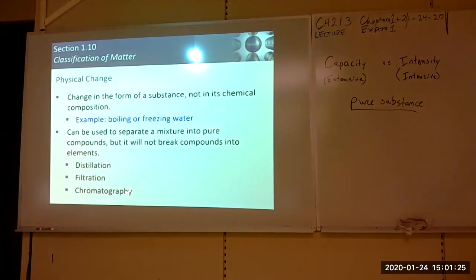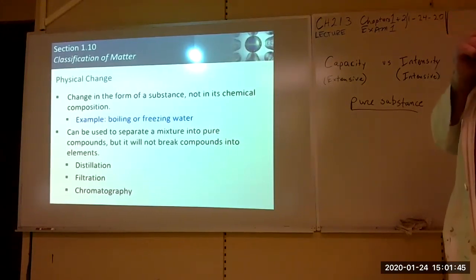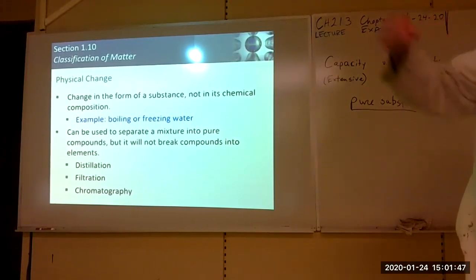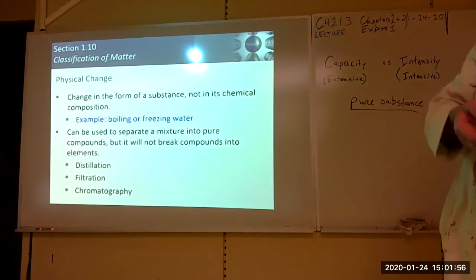Filtration. Chromatography is a little more advanced. It basically separates based on the affinity of the components of your mixture with some stationary phase. Paper chromatography, you know, if you have your mixture and you place a dot on your piece of paper, you put it in your container with a little bit of liquid in the bottom, chosen correctly. Don't let the liquid come up to the dot yet. Make it wick its way up through the paper.